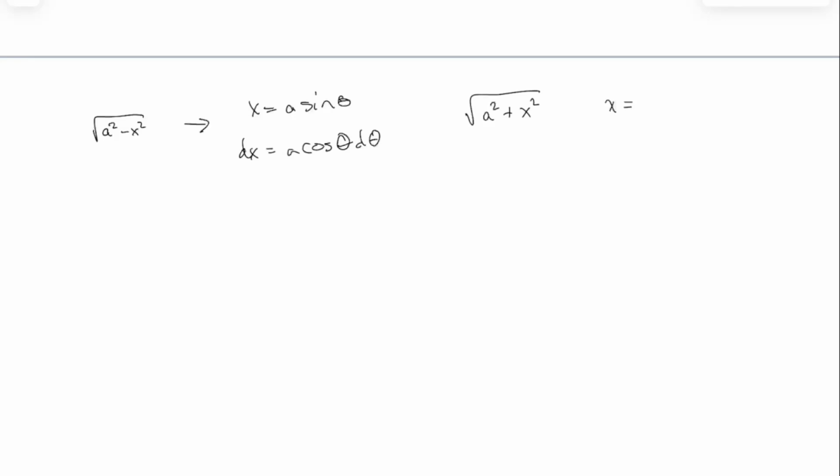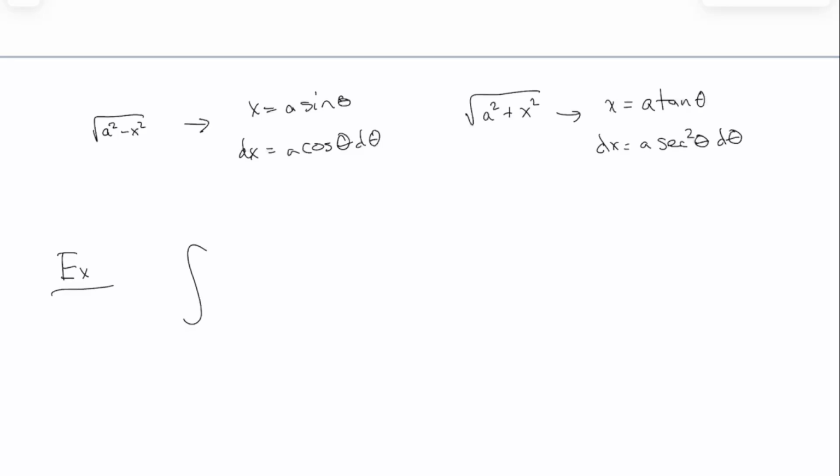Anyway, when you see the square root of a squared plus x squared, the correct substitution to use is x equals a tan theta, and dx is a secant squared theta d theta. It turns out that makes it all happen for examples with a plus under them. Let's just try one example with a plus under the square root, and then I have one for you all to try.